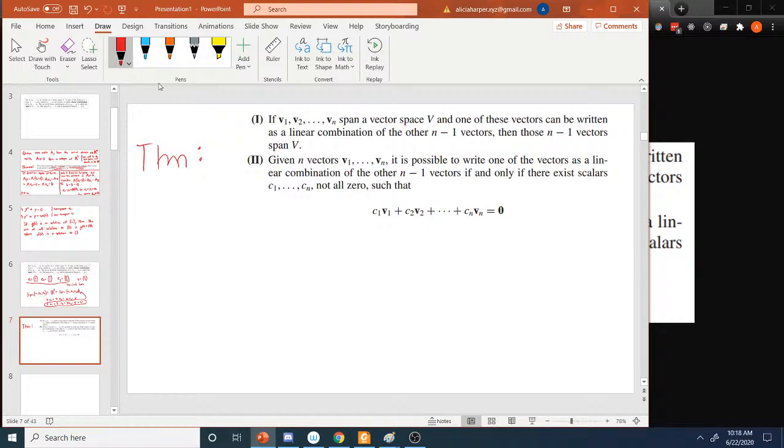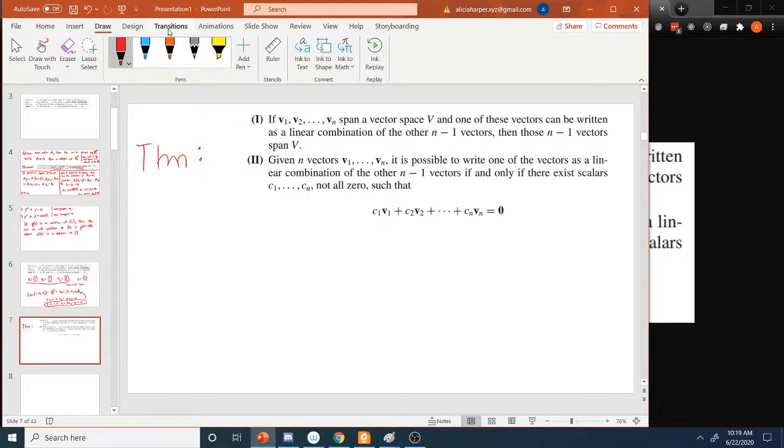This theorem is going to have two parts, 1 and 2. 1 says if v1, v2, through vn span a vector space V, and one of those vectors can be written as a linear combination of the other n-1 vectors, then those n-1 vectors span V. And part 2 says given n vectors, v1 through vn, it is possible to write one of the vectors as a linear combination of the other n-1 vectors if and only if there exist scalars c1 through cn not all 0, such that when you add c1 times v1 plus c2 times v2, plus, and so on, plus cn times vn altogether, you get 0.